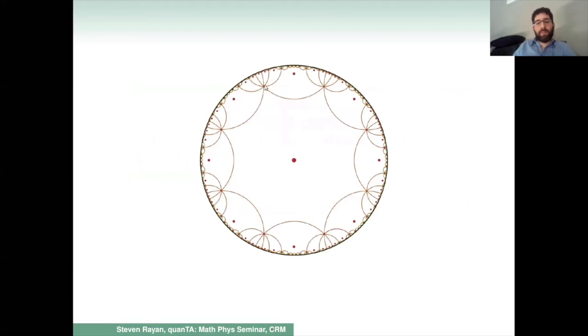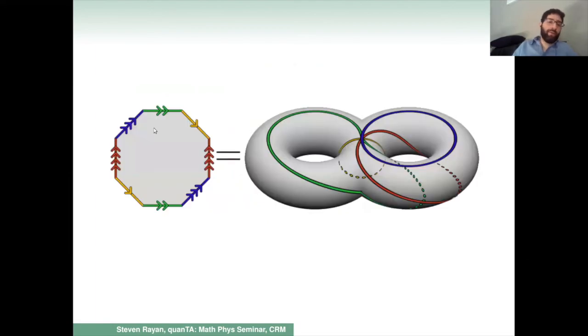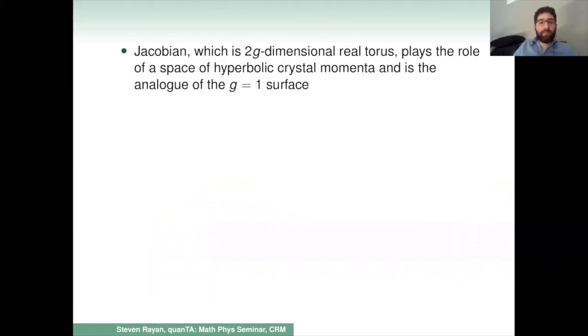So here's a picture of an octagonal tiling. I cannot tile the Euclidean plane this way, but I can tile the hyperbolic plane. And this tiling is Poincaré regular. And again, I can identify the sides of this in a particular way and produce my genus 2 surface. What we are saying here is valid for any G.